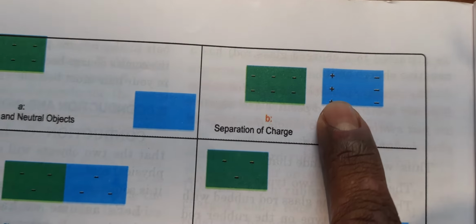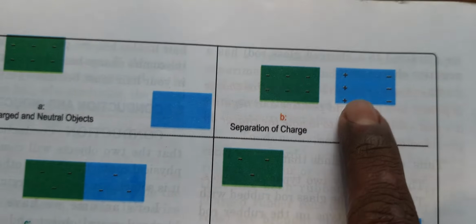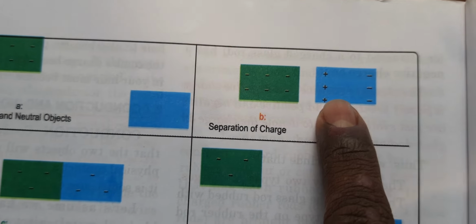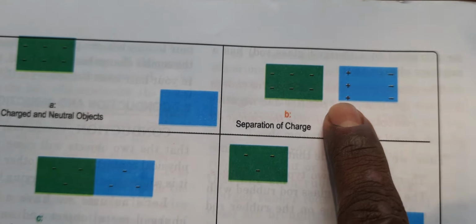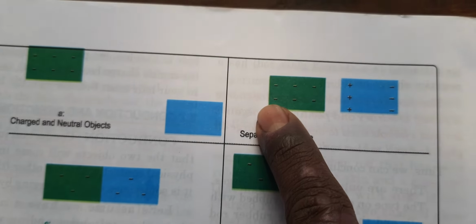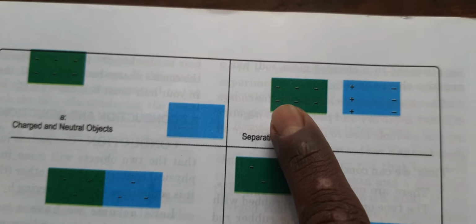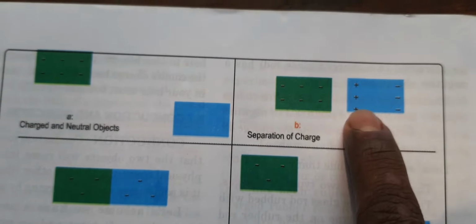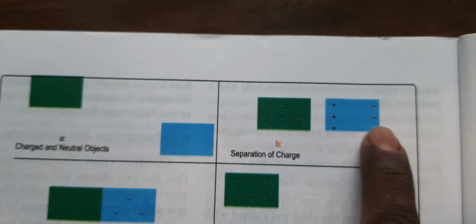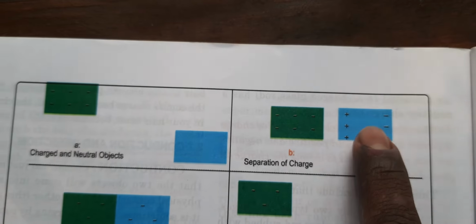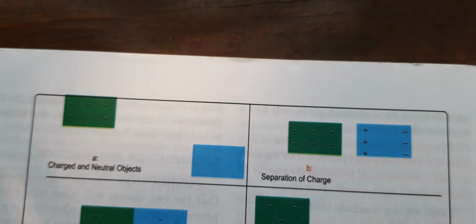Why does it get positive charge? Because negative charge attracts the positively charged particles towards it. So this end of the body is all positive, whereas negative repels a negative charge, isn't it? So all the negative charges which were in this region get repelled and come to this region. Okay, till now this body has not touched. See, there's a gap still.